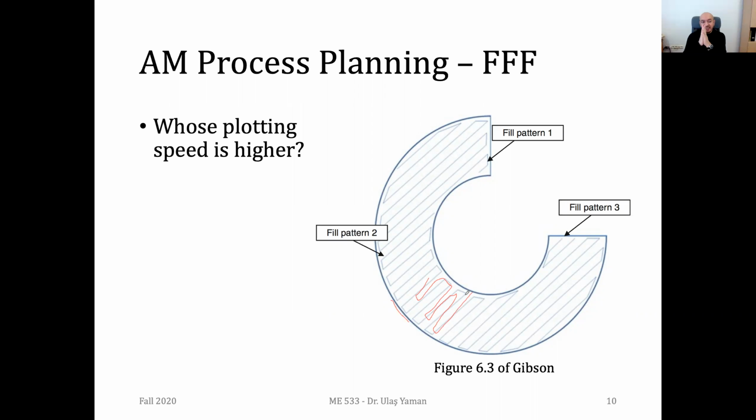No, we prefer to actually have slower speeds for the outer boundaries, for the shells, since that will be the region we will be seeing after the part is printed. But the interior region will not be visible, so you can do it as fast as possible.